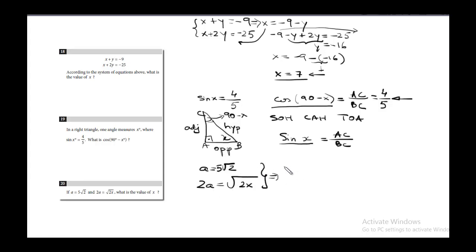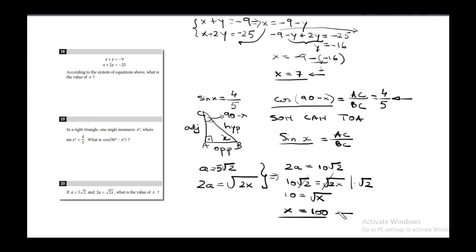Therefore, from the first relation we have that 2A is 2 times 5, 10 root 2, and 10 root 2 equals square root of 2x. We can divide both sides by square root 2. So 10 is equal to square root x. We square both sides, therefore x is equal to 100.